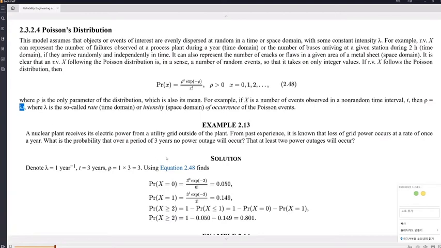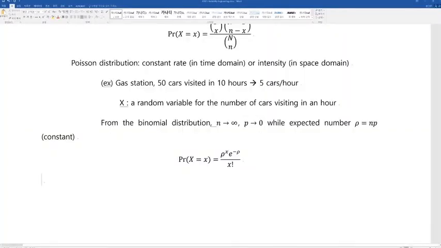So in our example, if we go back to our note, this would be lambda. This is the rate.